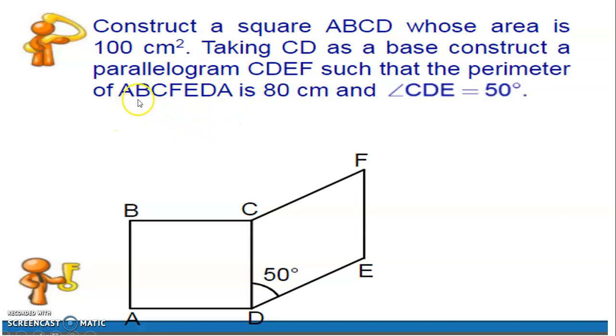Just in cycle you can count: 1, 2, 3, 4, 5, 6, 7 sides? Does it have 7 sides? 1, 2, 3, 4, 5, 6 sides. I think I have included CD also.